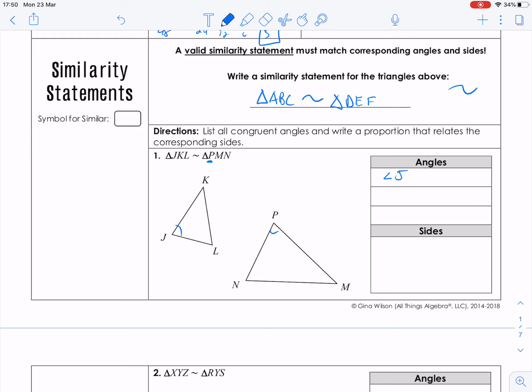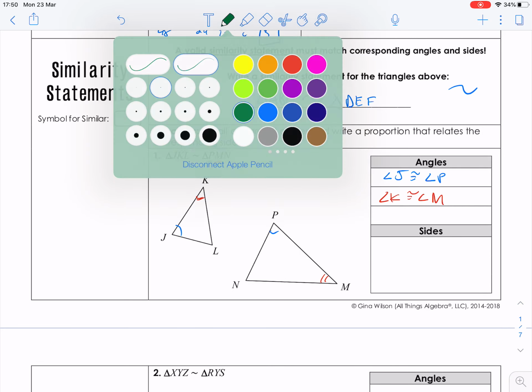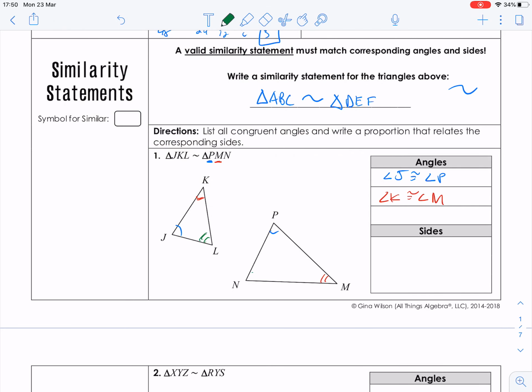So angle J is congruent to angle P. Then we know K goes with M. So angle K, M. And then L goes with N. So angle L goes with angle N.